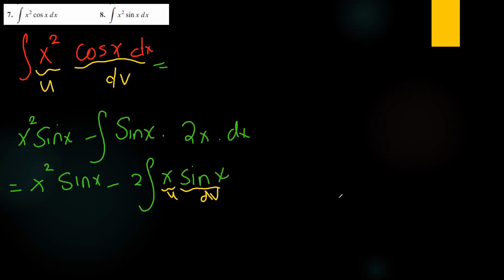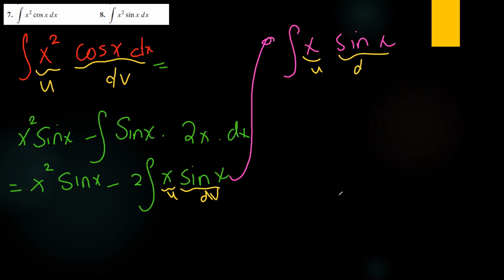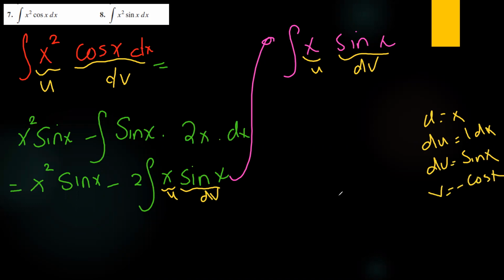So let's find now the integration of x sine x, since this is u and this is dv. So if u is x, du will be 1 dx. If dv is sine x, then v will be negative cosine.